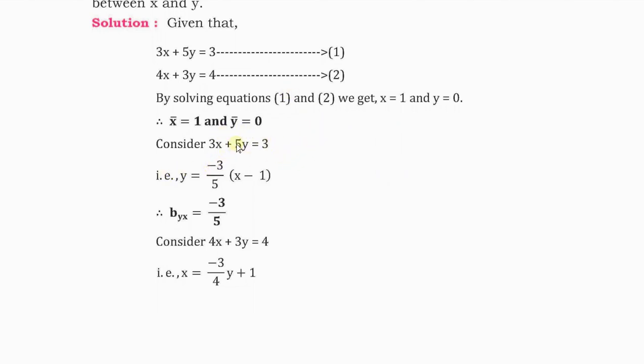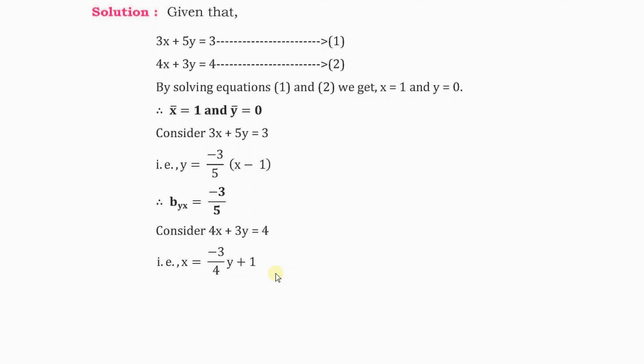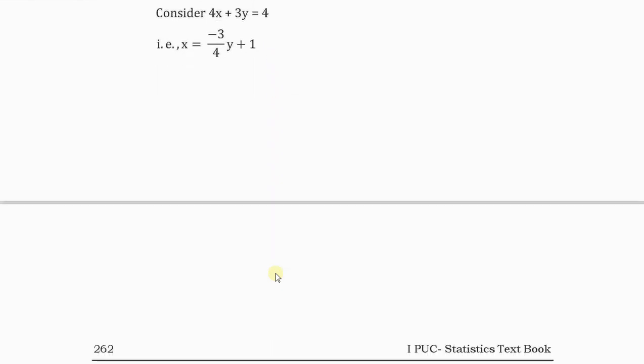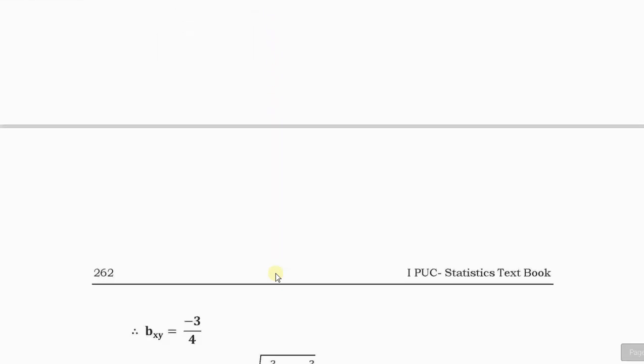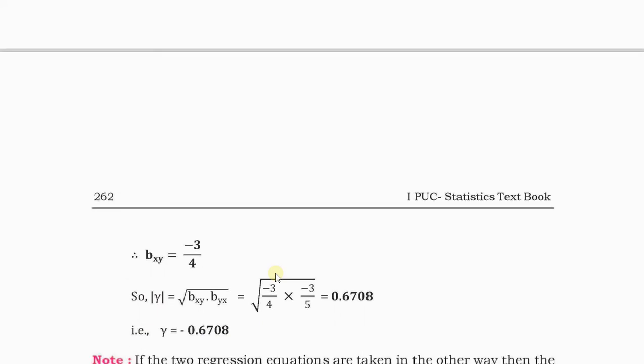If you take the 5 to this side, that will be minus 3 divided by 5 into x minus 1. So byx is equal to minus 3 by 5. Similarly, if we consider the second equation and turn it, it will be x is equal to minus 3 by 4 into y plus 1, where bxy will be minus 3 by 4.